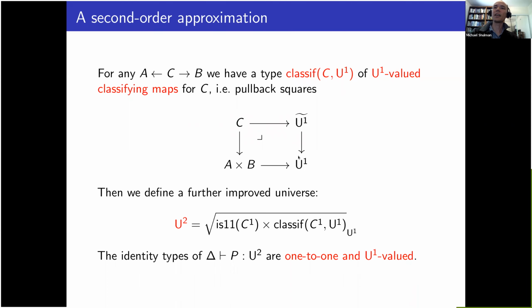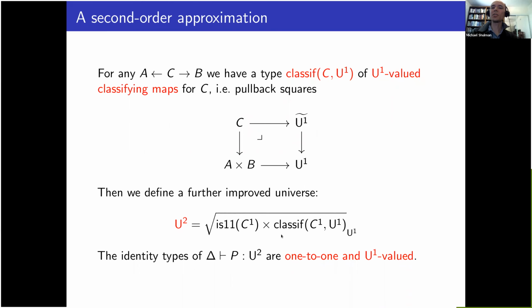So U1 has a U1 tilde that I get by pulling it back from U0. I can consider pullback squares like this, which classify C by a map into U1. And then I can build the type of such pullback squares. So I take the function type from A cross B into U1 and the function type from C into U1 tilde, and I build a pullback out of those in the locally Cartesian closed structure of my category, and that gives me a type of such pullback squares.